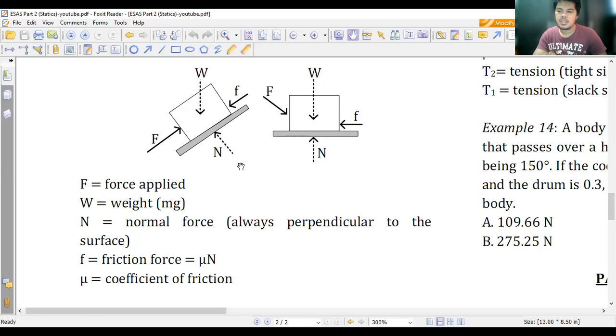The one that will dictate the position of the normal force is the surface actually, so it will always be positioned perpendicular to the given surface.